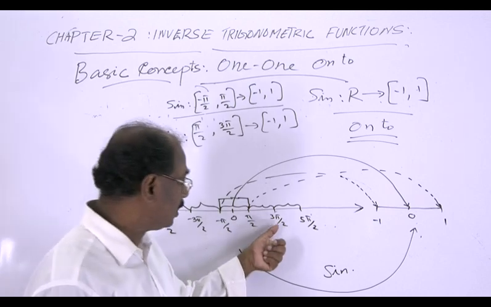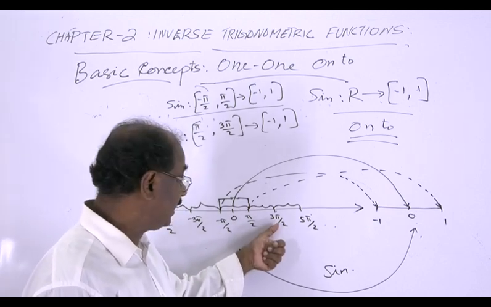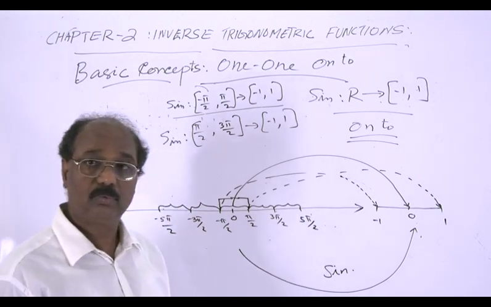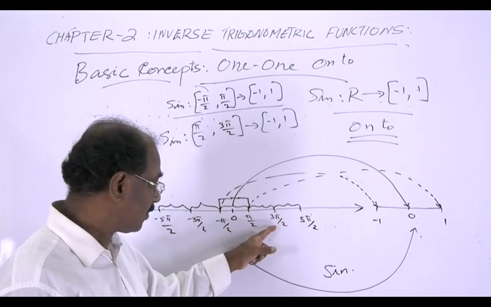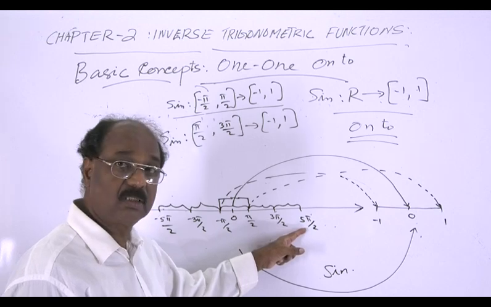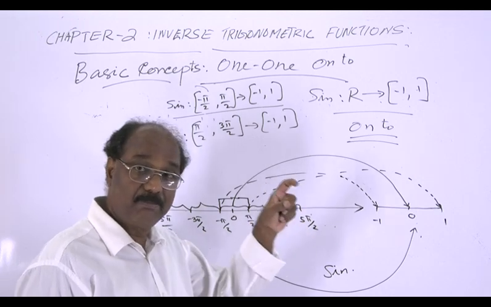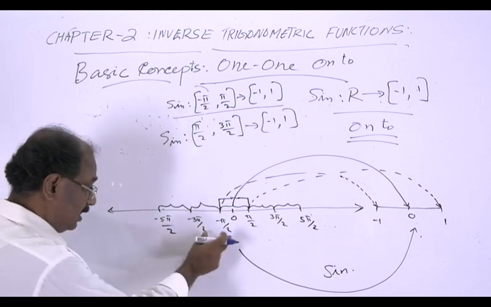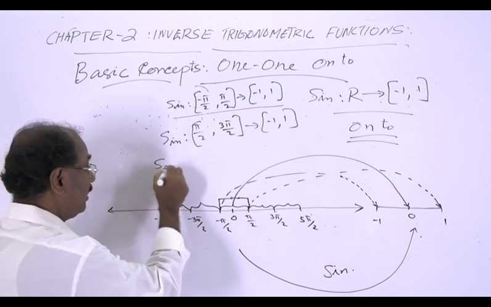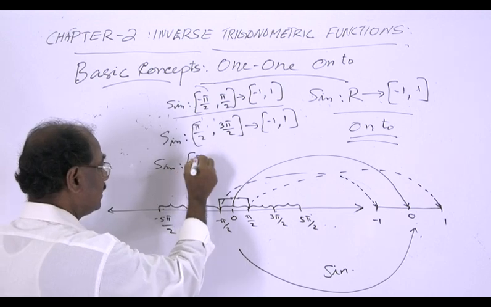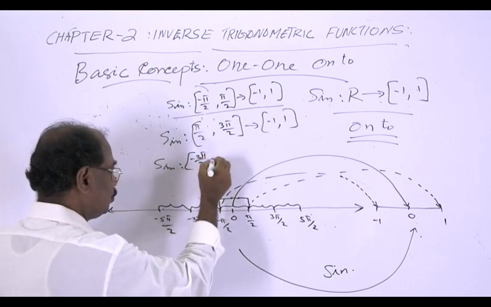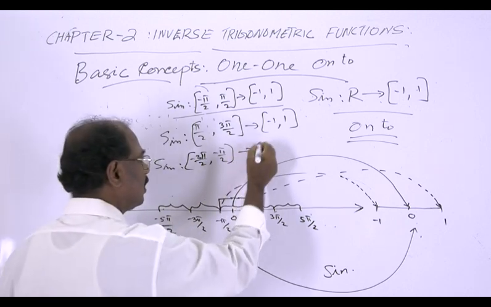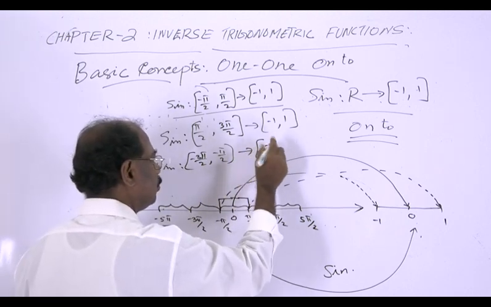This is true for the sine function defined in the interval 3π/2 to 5π/2; it ranges from -1 to 1. Similarly in the reverse direction, the sine defined in the interval -3π/2 to -π/2 is one-one, ranging from -1 to 1.